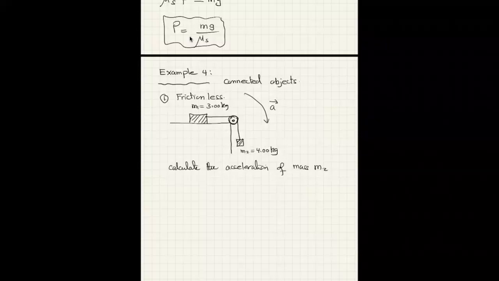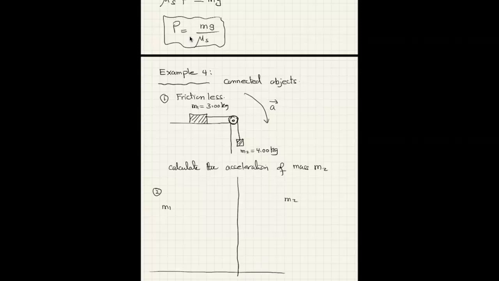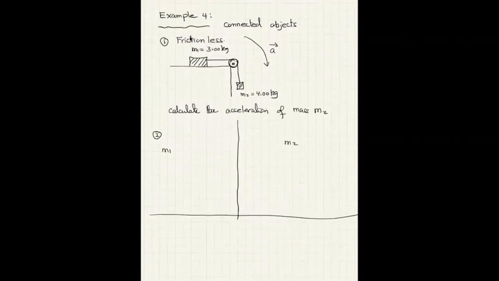Here, I need to draw two free body diagrams, one for mass 1 and one for mass 2. I need to derive equations for mass 1 and for mass 2.